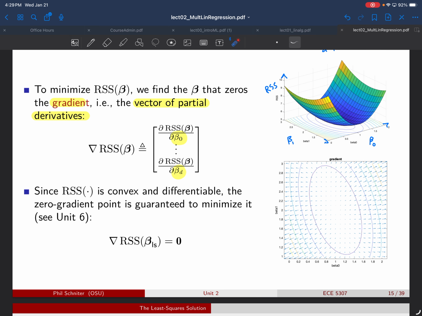We're not going to get into all the math of this at this point. Just take it on faith that this is what we need. The main idea is that these are the parameters we're looking for. These are the least squares values of the betas, and they are the ones that make this gradient equal to the 0 vector.